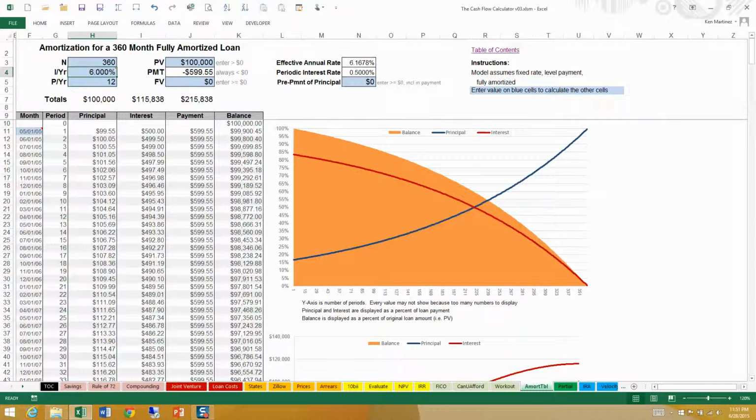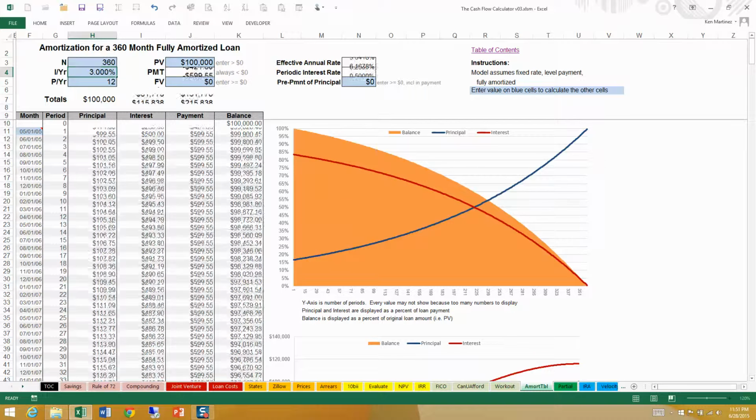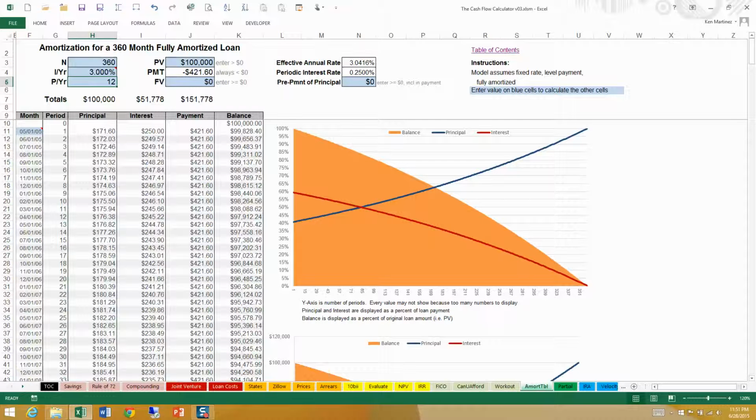Let's show the effects of lowering the interest rate. It was at 6%. If I lower it to 3%, notice that brings it way to the left, which is a good thing because it makes it sooner when you start paying more in principal. This would be a good thing in terms of an investor.